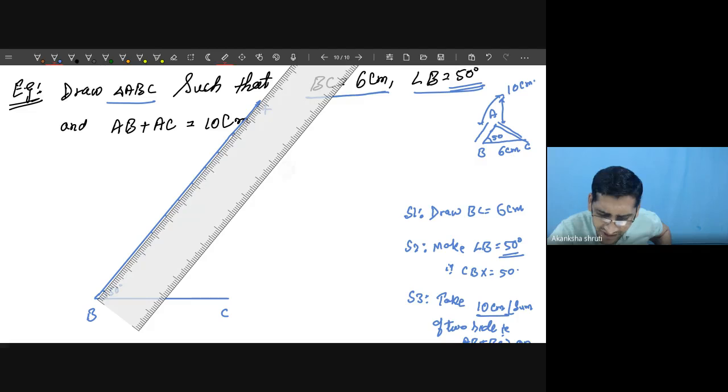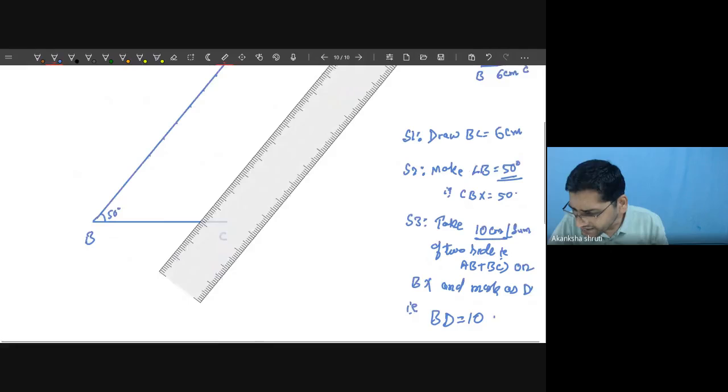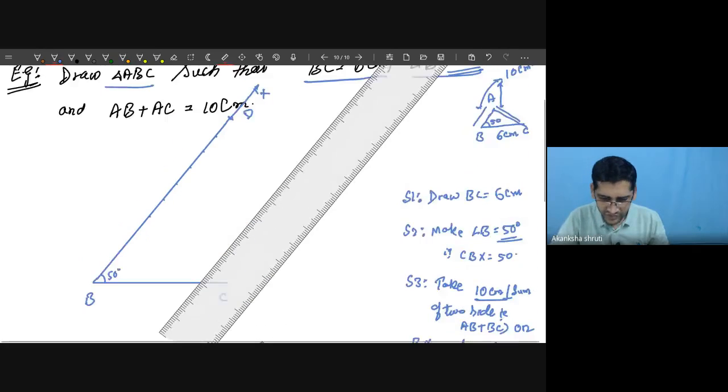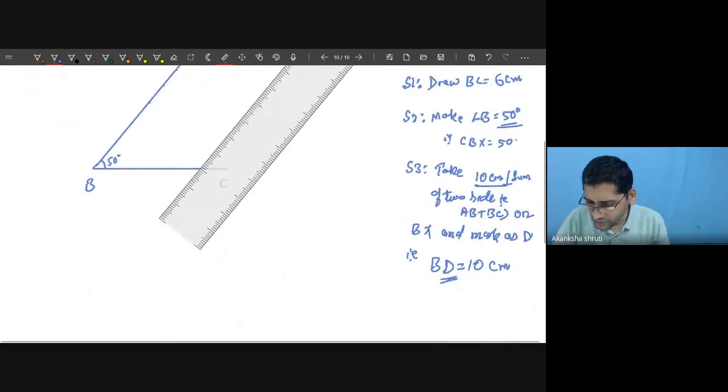It is here. Here I have the 10 centimeter. Okay, student. So mark this as D. Means our BD. Student, keep in mind, here we have marked point D on BX. So this is point D. The next you have to join.